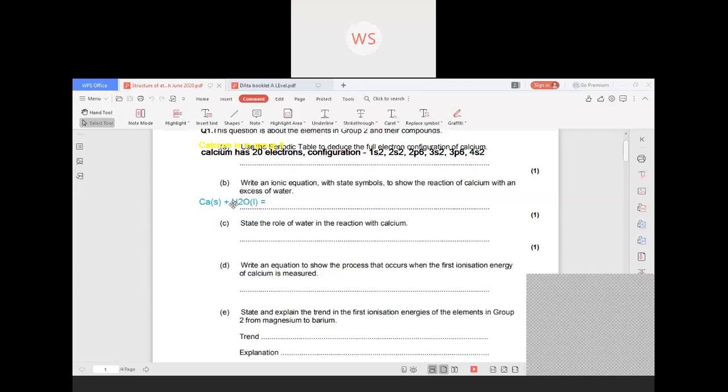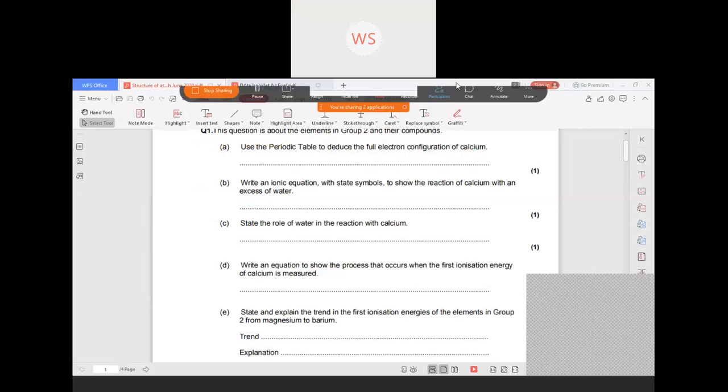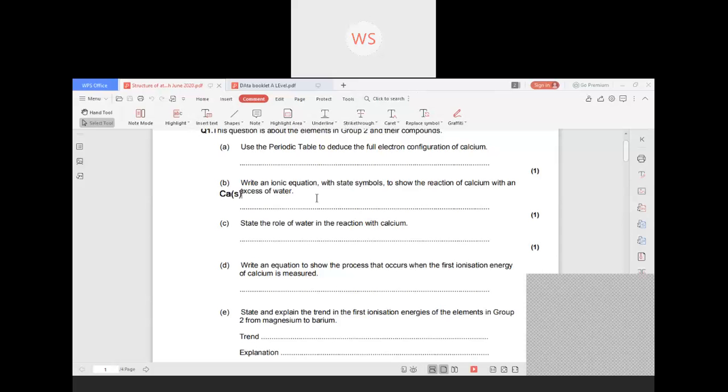Let me erase this one. So we have to write here: calcium solid plus H2O liquid become calcium ion, and then plus 2OH minus, and then plus hydrogen gas.